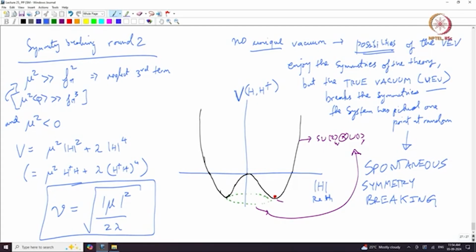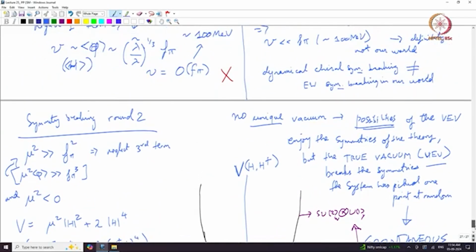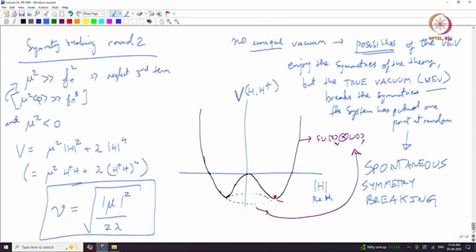Okay. So, although your Lagrangian contained all the symmetries, in nature, again from the dynamics, because the field value has to settle into some minimum, you have forced the field to go to one particular minimum.